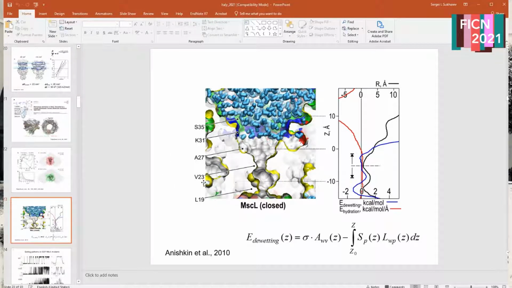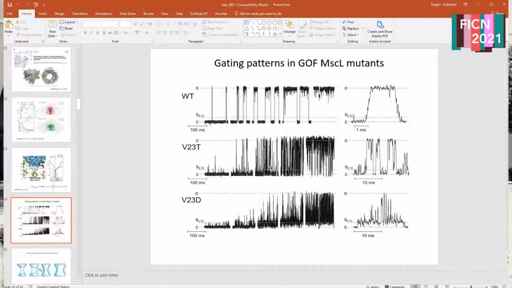If you replace V23, the gatekeeping valine, with something slightly more hydrophilic like A3, then you will see that the nice and neat cooperative openings are now broken into subconductive states in a very fast flicker. If you replace it with a charge, V23D, the channel spontaneously opens with no tension to the subconductive state, and to open it completely you still need to apply quite a bit of tension. So this channel is extremely toxic for cells.